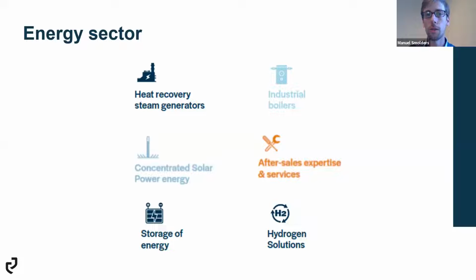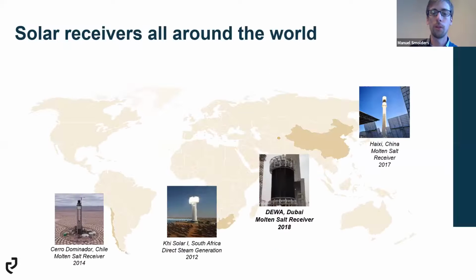First, the direct steam generation, and after that, the molten salt solar receiver. And finally, I mentioned that we are also active in storage of energy and in production, storage, and distribution of renewable hydrogen. So let's talk about the solar receiver.